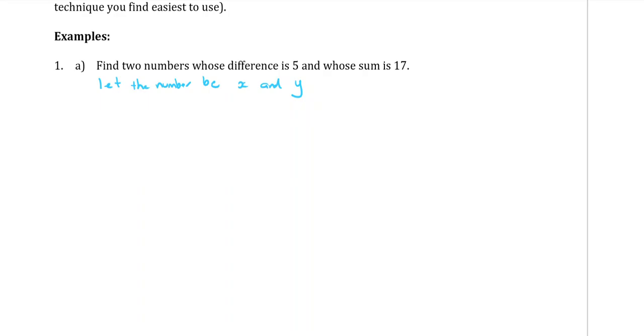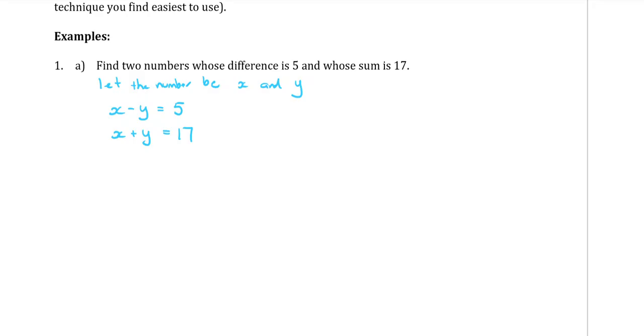So I'm going to assume that X is the bigger one, and I'm going to say X take away Y is equal to 5. Then we are told the sum of the two numbers is 17. So X plus Y is equal to 17. Okay, so that wasn't too bad. We have our two equations.